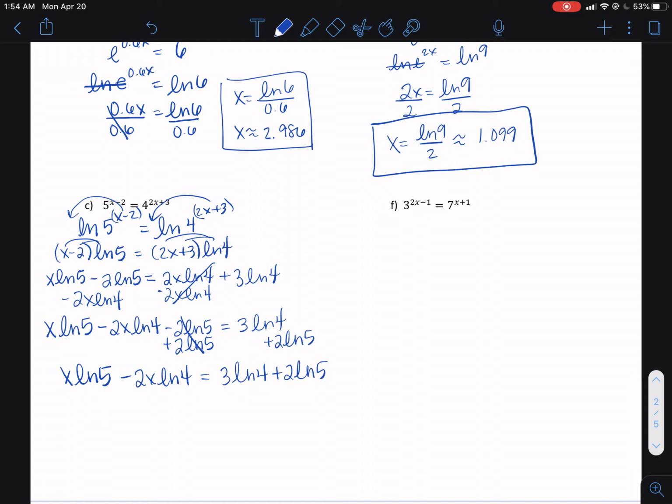So our x's are on one side and our number terms are on the other, but now we need to get rid of all the rest of this. So we're going to factor out the greatest common factor of x, and we're left with the natural log of 5 minus 2 natural log of 4 equals 3 natural log of 4 plus 2 natural log of 5, and then lastly divide.